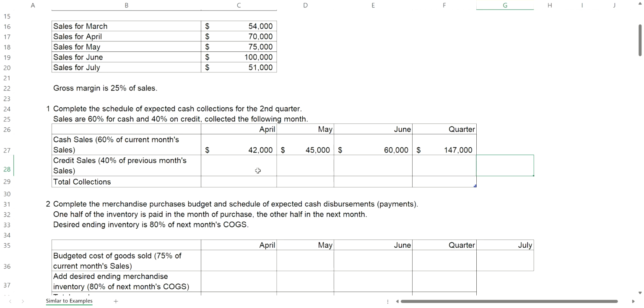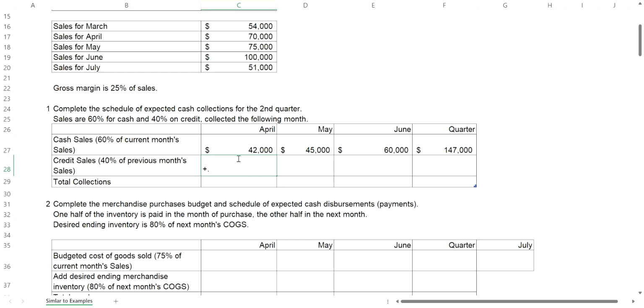Okay, now remember 40% of the sales are collected in the next month. So for example, in April, I need to go back 1 month. 40% of the previous month, March, is collected in April.